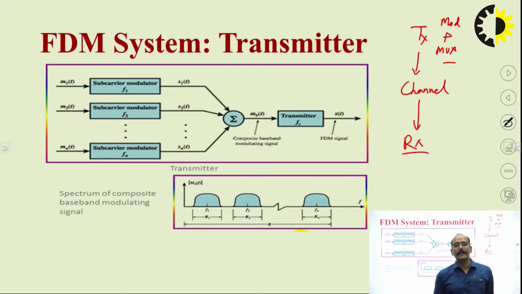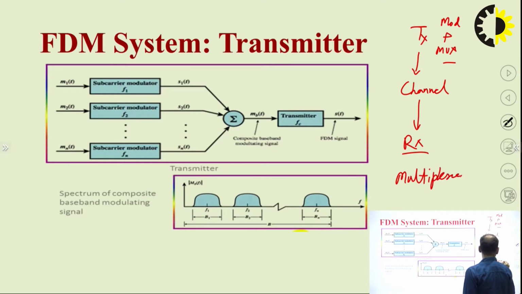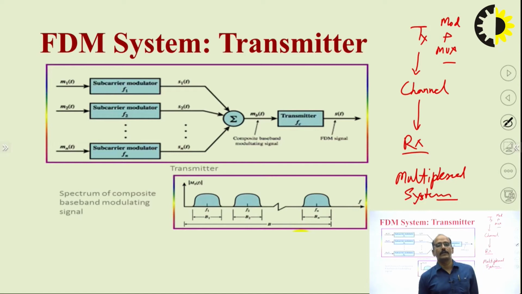Combined, modulation plus multiplexing create a multiplex system, and that multiplex system is the second unit of telemetry principles. In this unit we are going to understand which kind of multiplexing and which kind of modulation you are using, and by combining both of them we create a multiplex system.